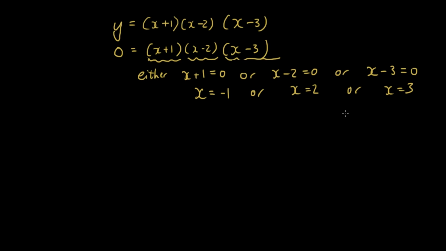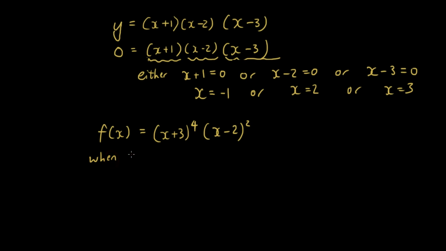Okay, let's try another one. Let's do f of x is equal to (x plus 3) to the power of 4 times (x minus 2) to the power of 2. The question is finding the zeros.